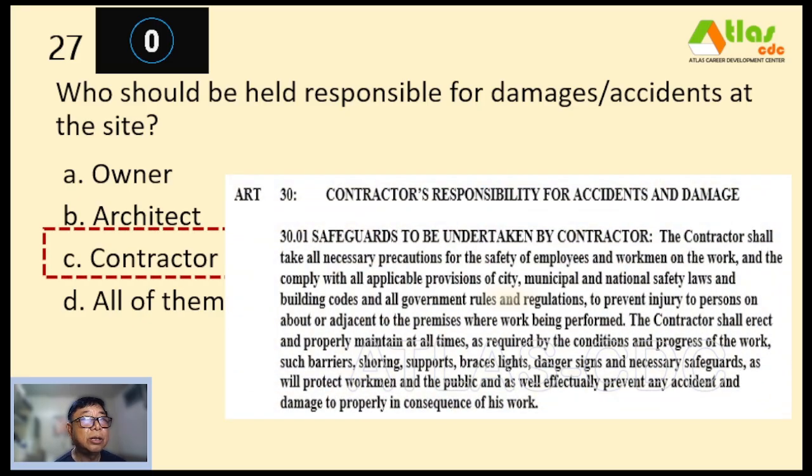So according to General Conditions, Document 301, the contractor's responsibility for accidents and damage. So the contractor shall take all necessary precautions for the safety of employees and workmen on the work.